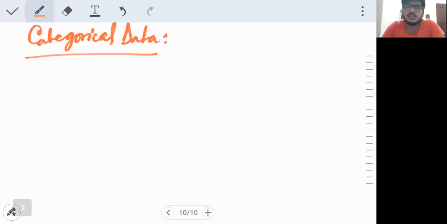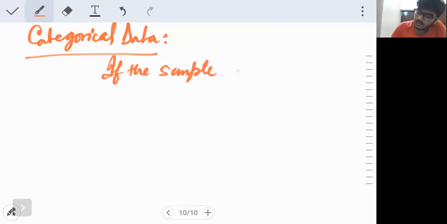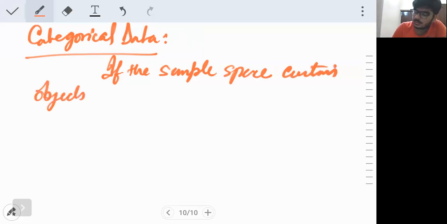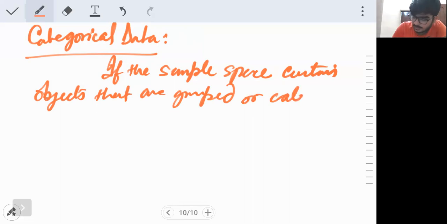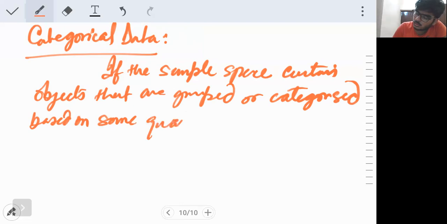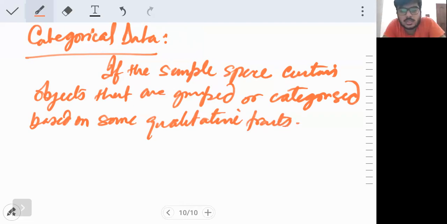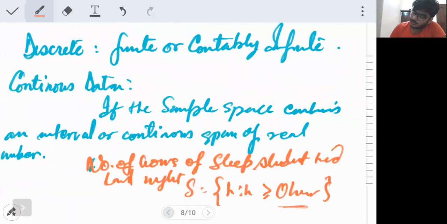So we had earlier seen that under categorical data, there is a subpart called binary.